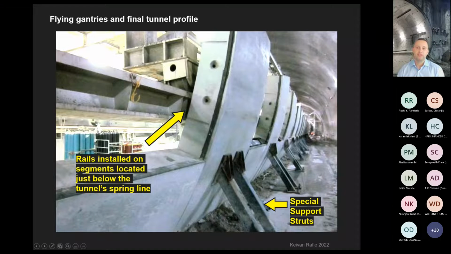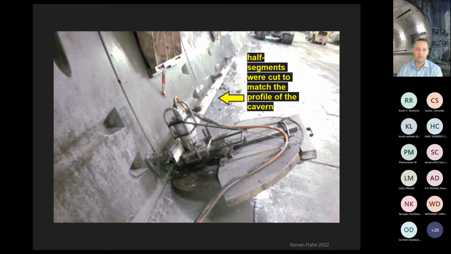These gantries by default move on wheels, and these rails are installed so they can be pushed forward. With the partial excavation, the half rings were designed to extend a little bit above invert, so that for every second one there is a place to put those brackets so the rails can be installed and the TBM can move. So that was another design challenge.